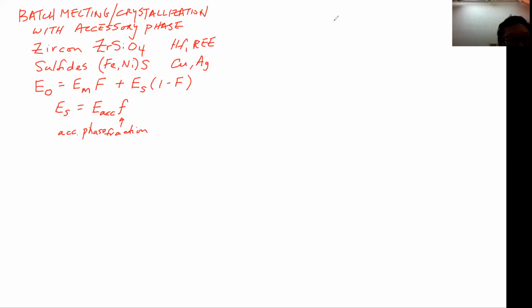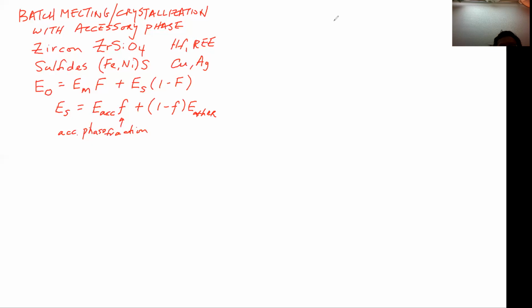So that's critical. And that then becomes 1 minus f, which is everything else besides the accessory phase, times the concentration of the essential structural element, like sulfur, in all the other phases, which we'll call other. And typically, when we're thinking about these essential structural elements, their concentrations in all the other phases besides the accessory mineral or phase, you can pretty much consider them to be zero.